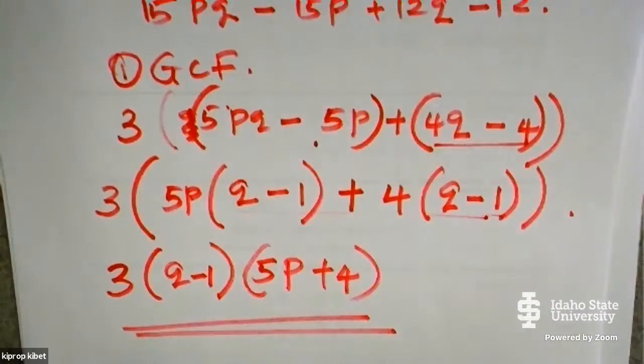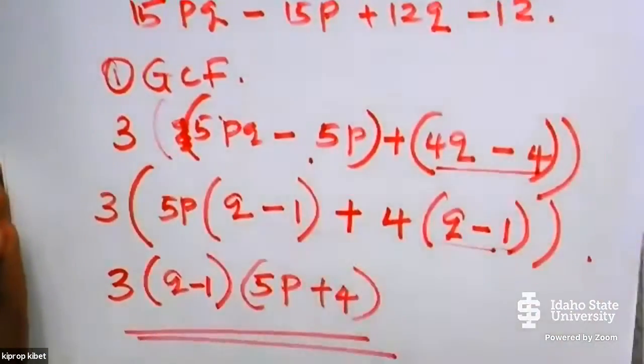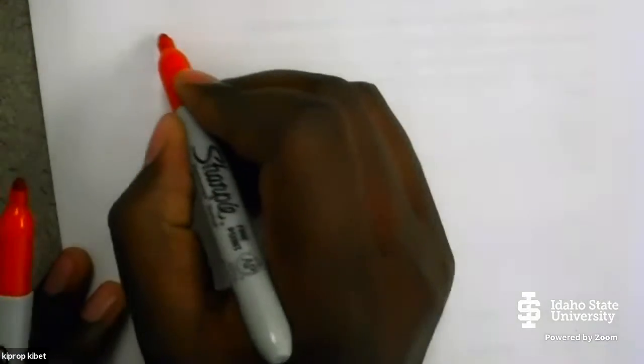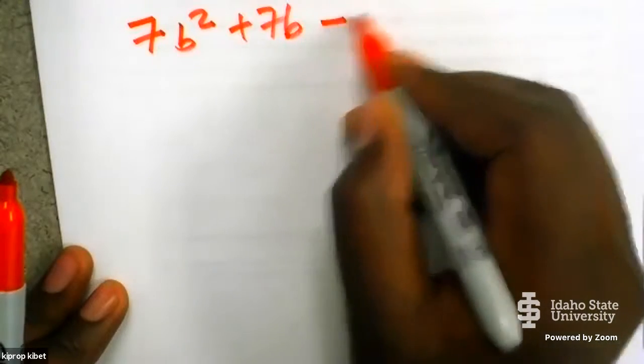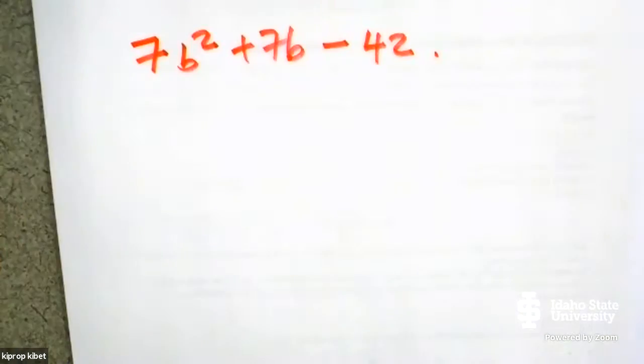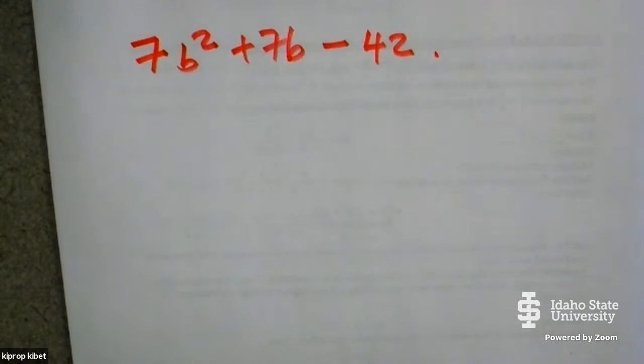Example number 2. Factorize completely 7b squared plus 7b minus 42.